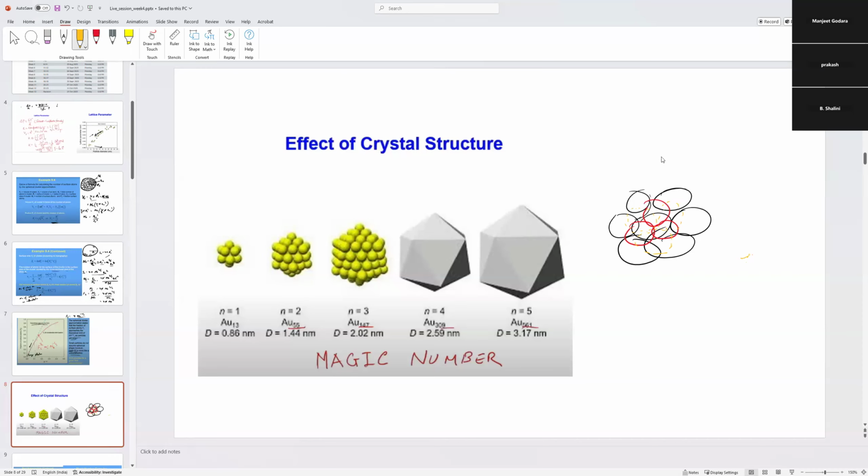So if you just see the central atom, the first one we drew, the black one, it's bonded with six atoms in the same plane: one, two, three, four, five, six.